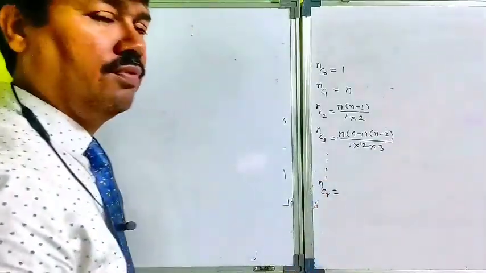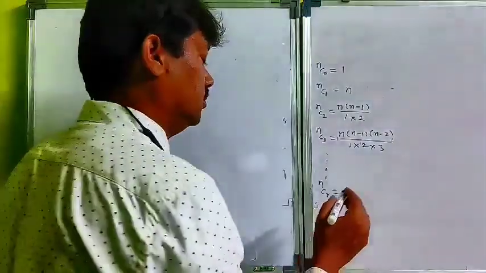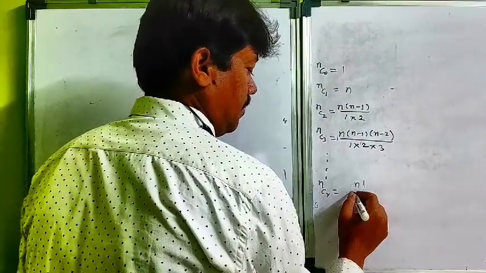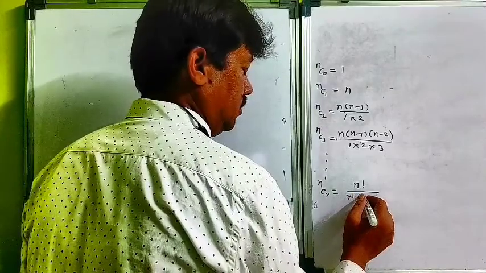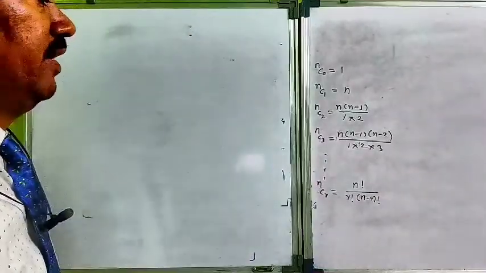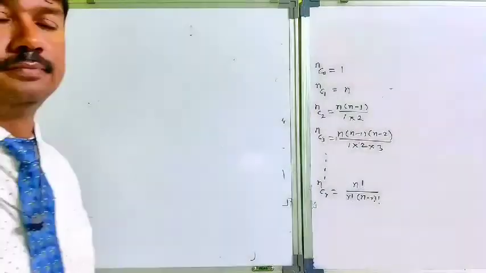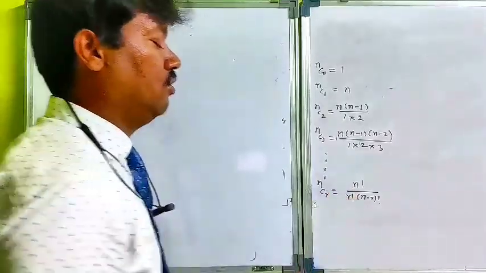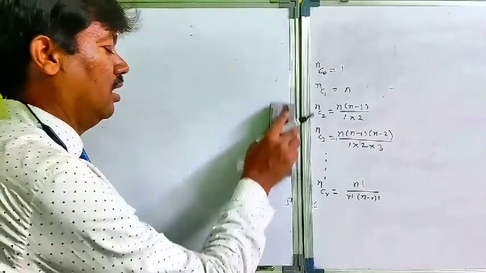NCR is equal to n factorial upon r factorial into n minus r factorial. So this is the formula to find out NCR.